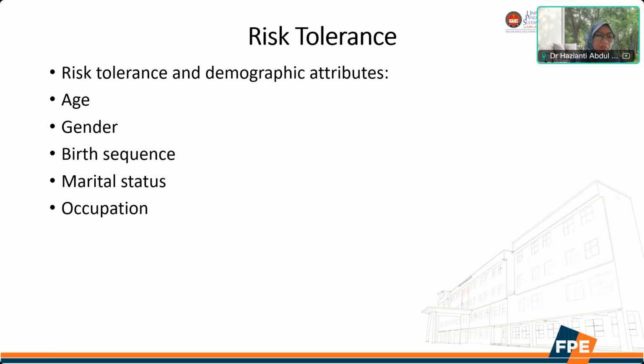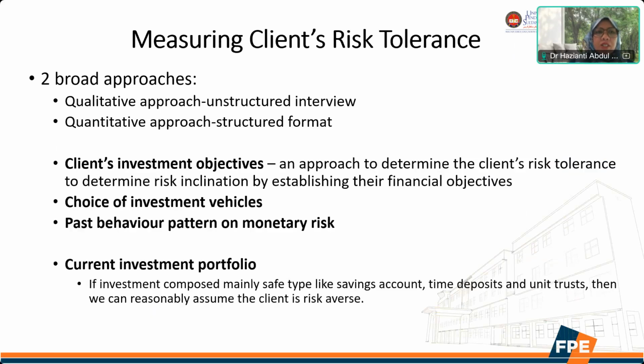We can say that government servants are generally more risk averse than those working in the private sector, maybe due to the work environment and exposure, because the private sector engages people who are willing to take more risk compared to a government job, which is considered safe and secure. So these are the factors that affect the risk tolerance of an individual.